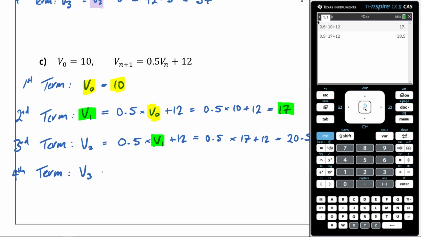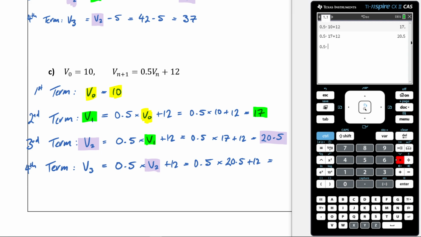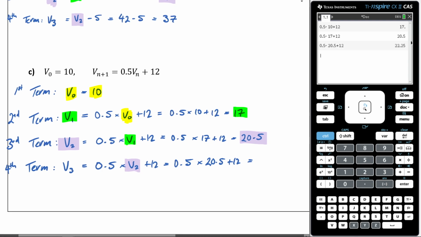Then if I want my fourth term, I'm going to find v of 3, which is going to be 0.5 times v of 2 plus 12. Now, to find this one, I'm going to say, all right, v of 2 is 20.5. So we'll go 0.5 times 20.5 plus 12, and that's going to leave me with 22.25.